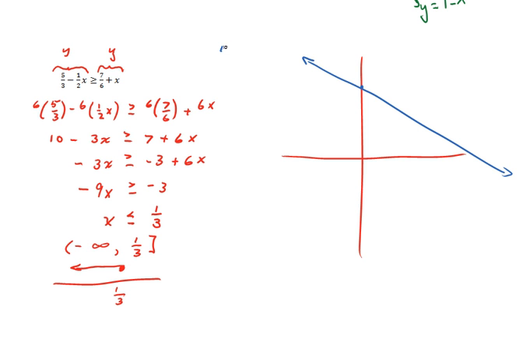So this is y equals 5/3 minus 1/2 x. Whereas the 7/6 plus x crosses the y-axis a little bit below the 5/3 and has slope 1.